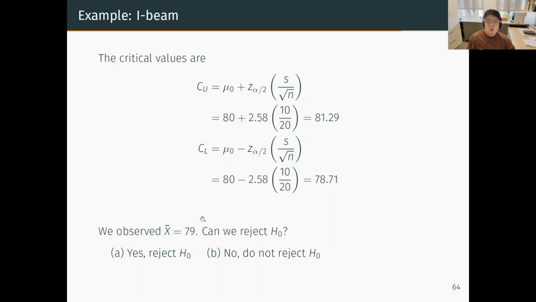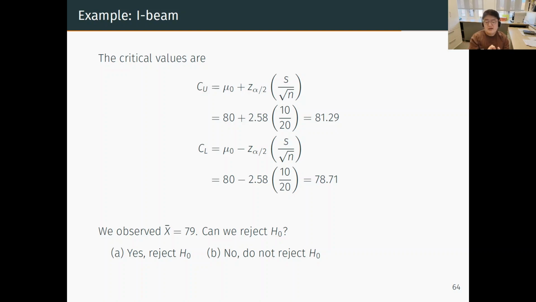So remember, our data was 79. The sample average from the data was 79. Then, given the critical values, do you reject the null hypothesis or not? Okay, so let me explain. The critical values are designed as an interval around your null hypothesis.